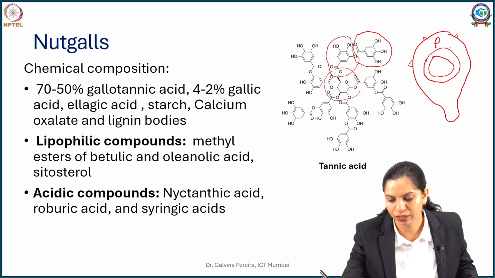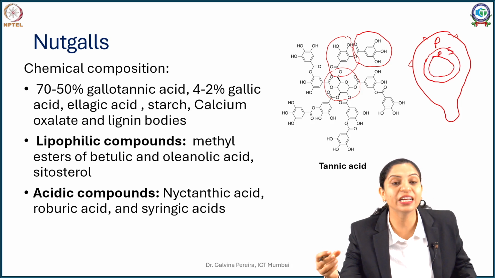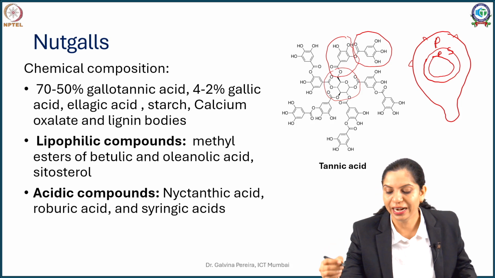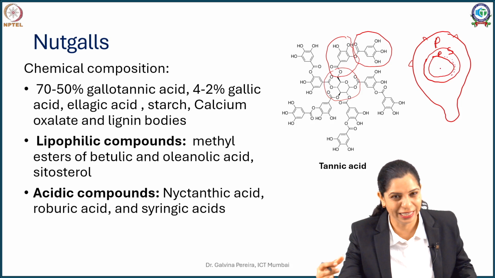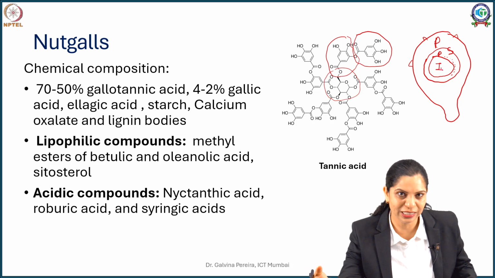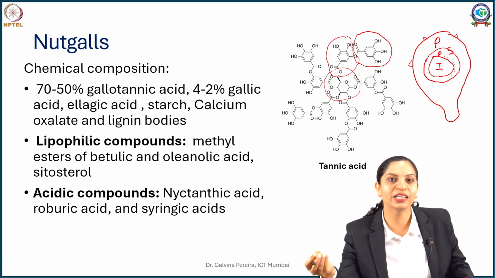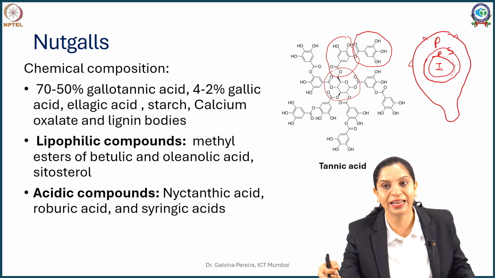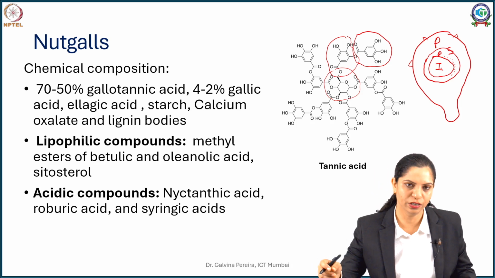So I'm just putting here sclerenchyma and another layer of parenchyma, but the internal parenchymatous layer are thick walled, and they contain a lot of this starch, a lot of tannins, and this cavity. Now within this cavity you might have your insect if the insect has not escaped, or if the insect has escaped, it appears like an empty cavity in here.